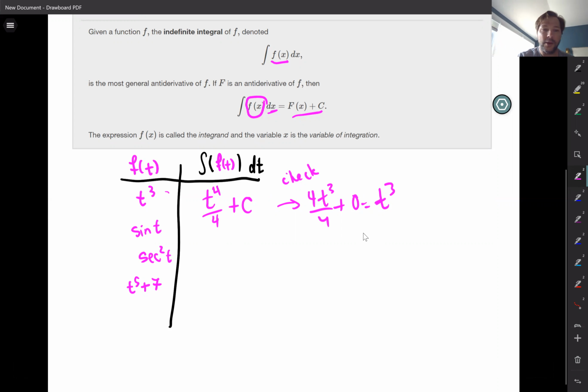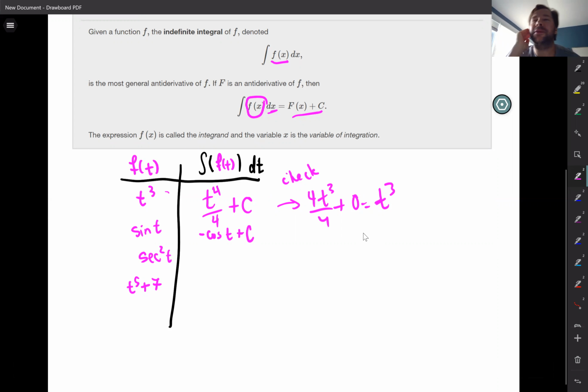Perfect. What about sine of t? Remember I told you to draw that little circle and go counterclockwise. The derivative of sine of t is cosine of t, but the antiderivative is going to be negative cosine of t, so this is negative cosine of t plus c. And then secant squared t.